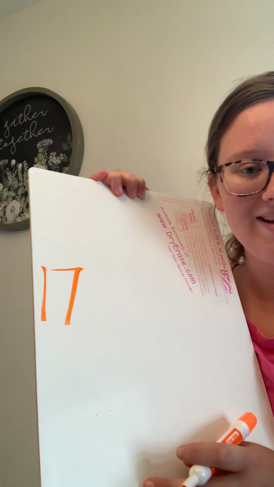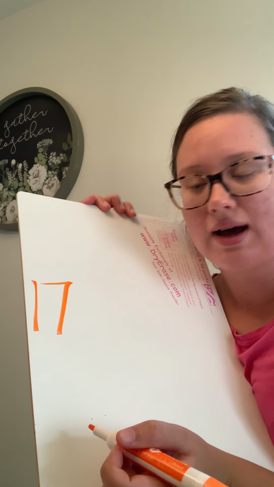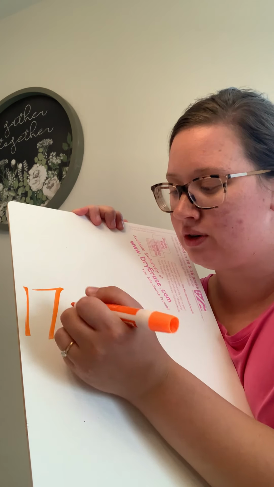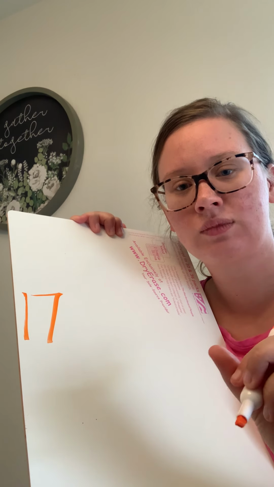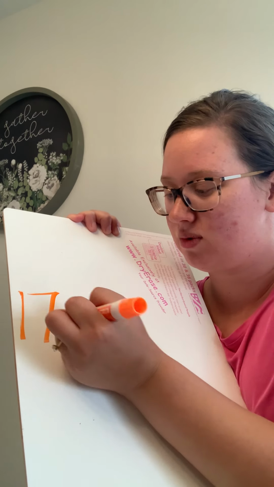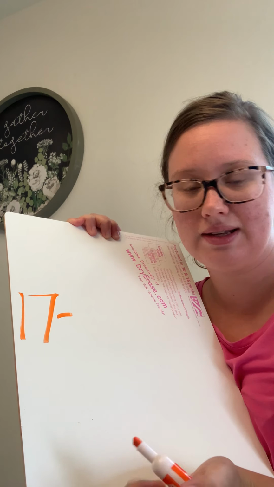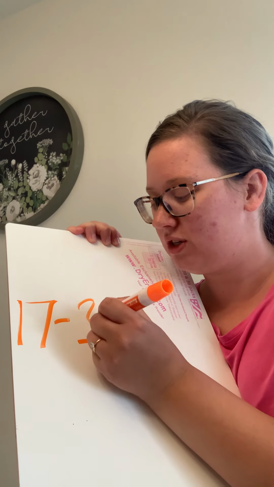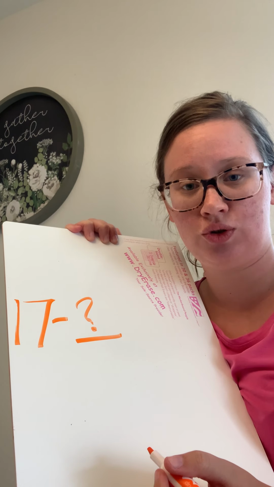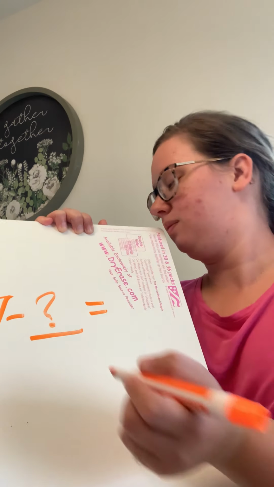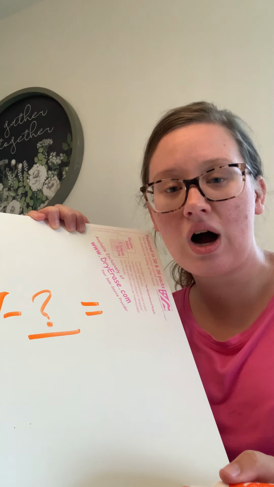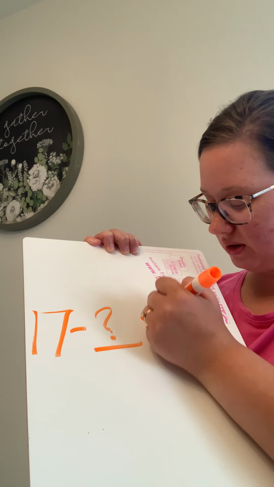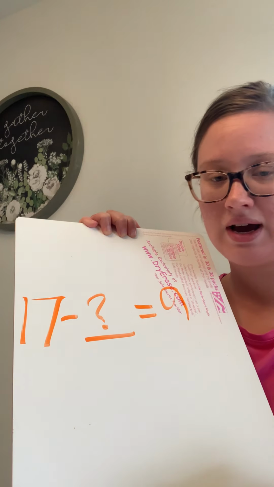The children ate some. So this is another change unknown. And if you ate some, those tacos are not going to be there anymore. So they're going away. This is a subtraction problem. We don't know how many the children ate. 9 tacos were left. So the children left 9 tacos.